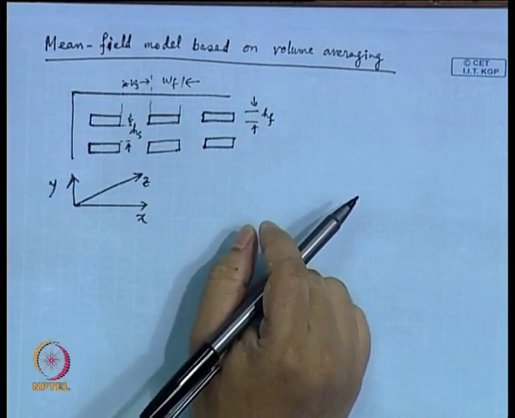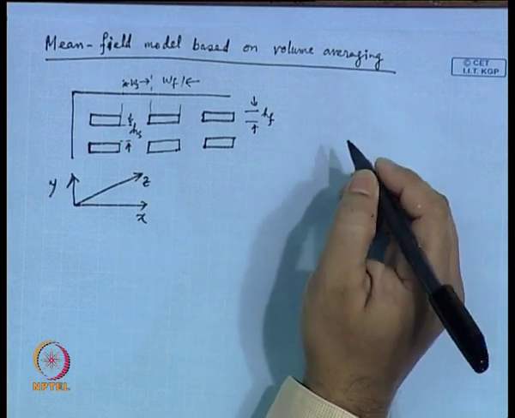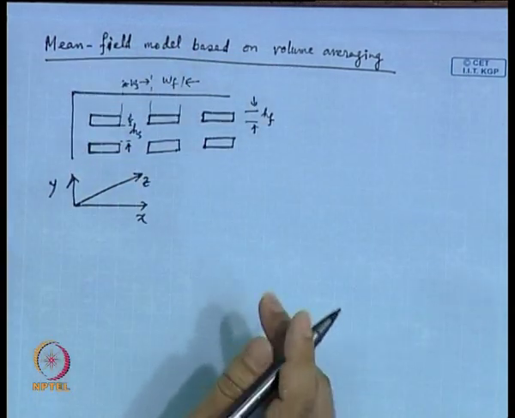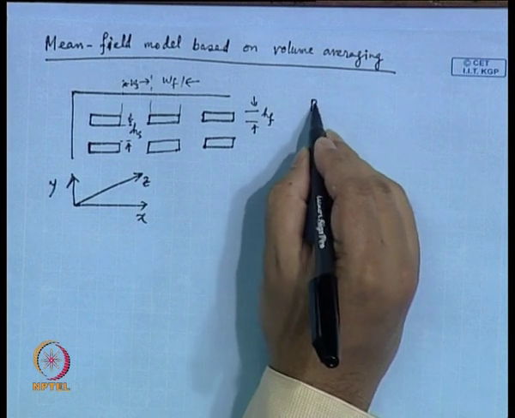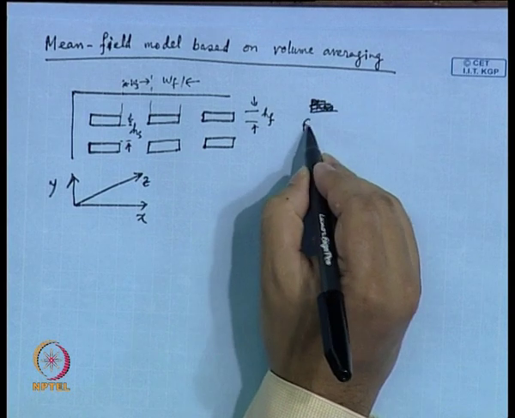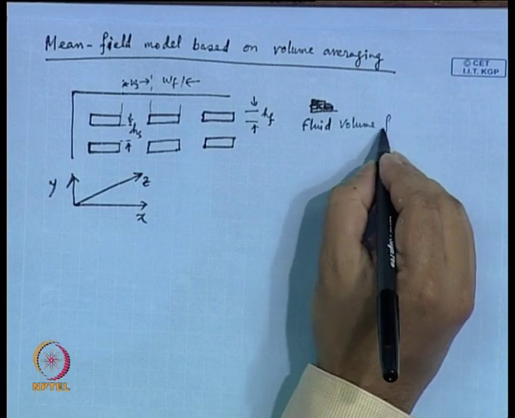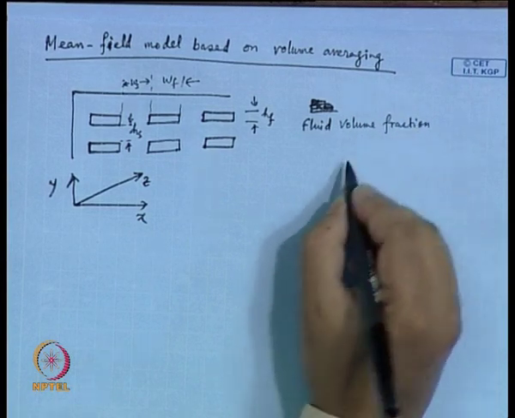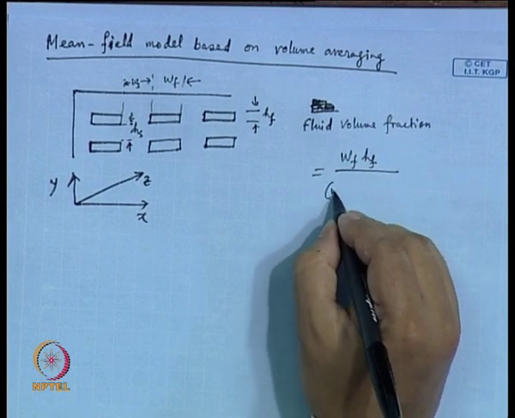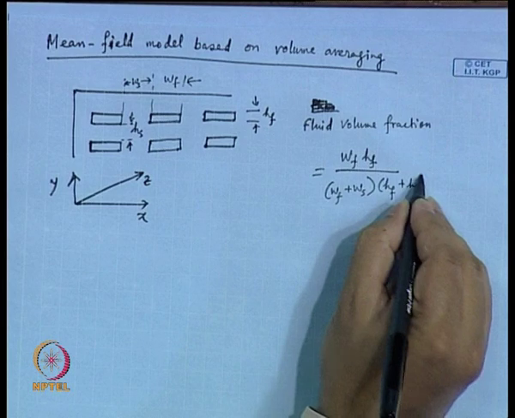Now, if you need to find out the phase volume fraction, that means the fluid volume fraction in this reactor, there are two volume fractions, one is fluid, another is solid. So, the fluid volume fraction is equal to WF HF divided by WF plus WS into HF plus HS.